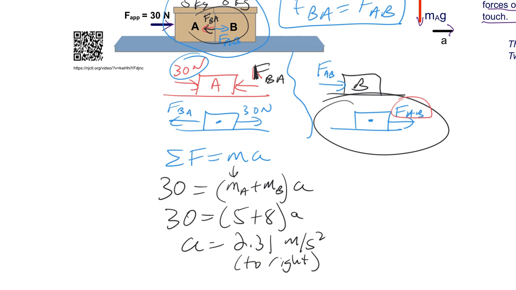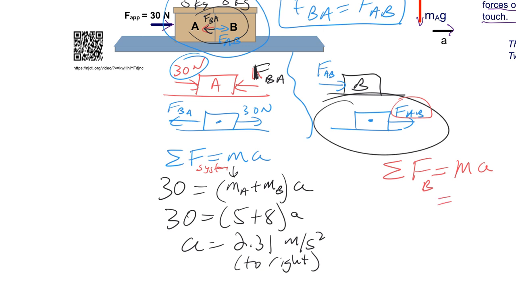Well, if you select just box B, the net force on box B is equal to the mass of box B times acceleration.